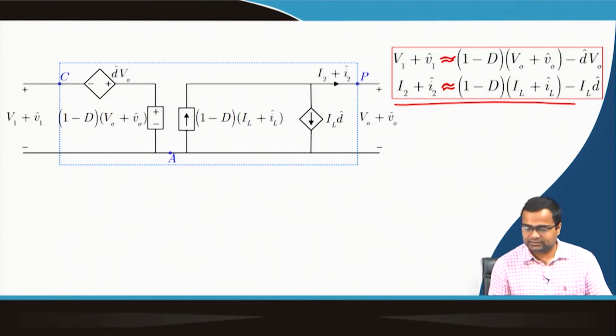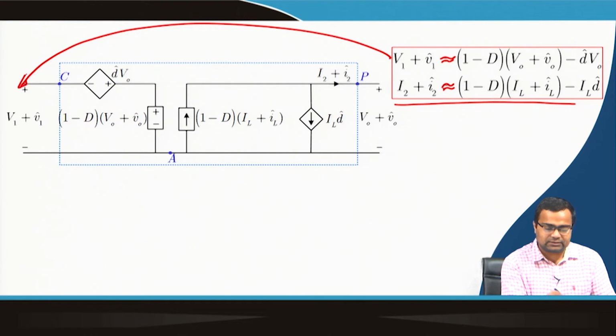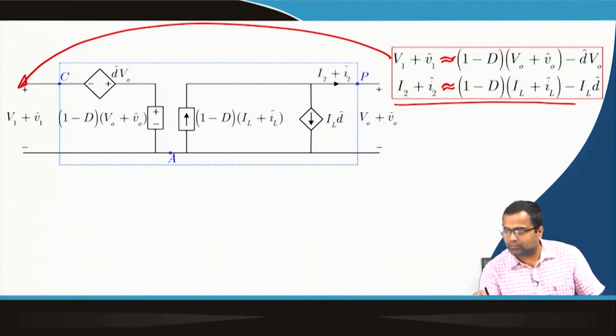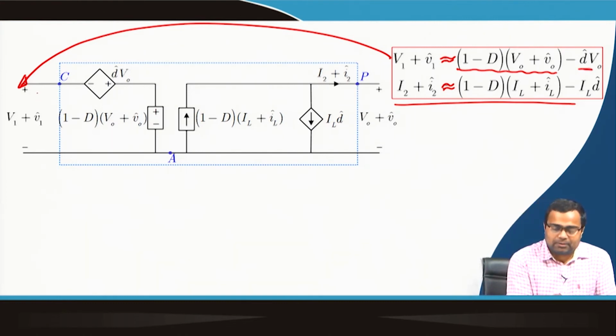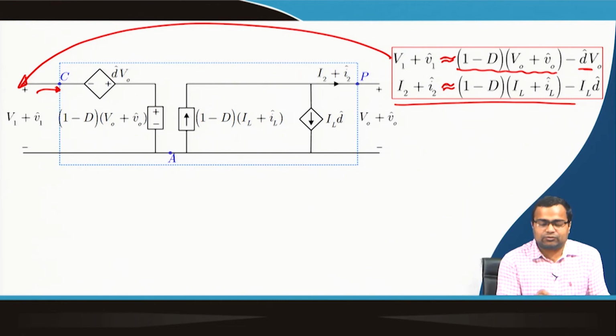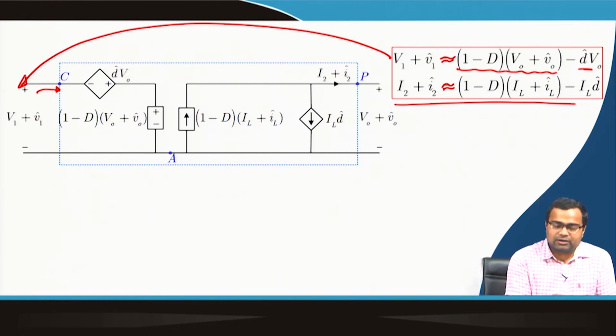And we can draw the equivalent circuit. See, this is the input voltage. If you look at this voltage, it consists of two terms, one voltage minus another voltage. So, if you come from this to this side, it will be V1 plus this term is equal to this term.